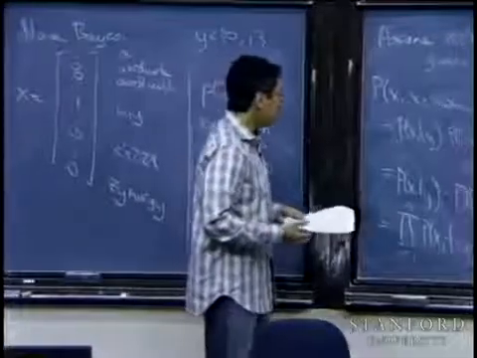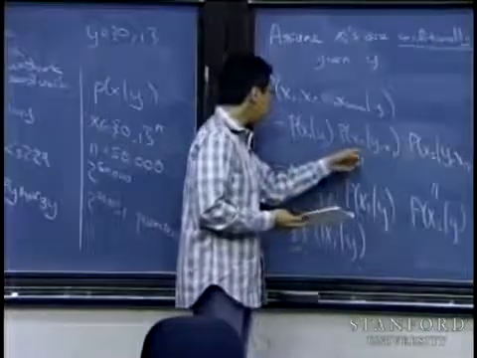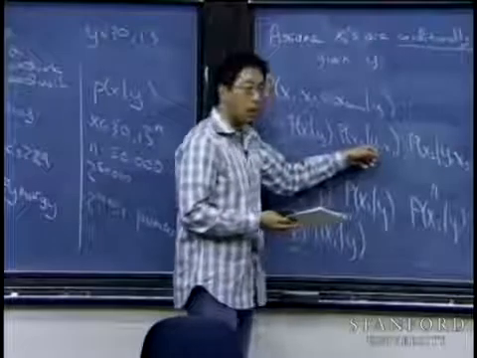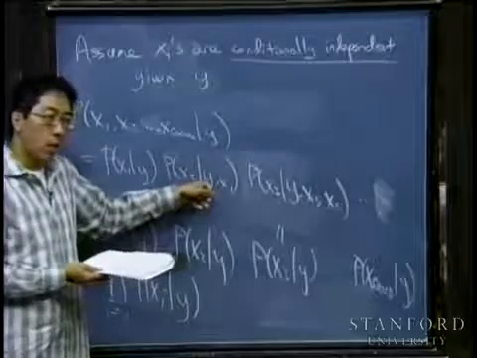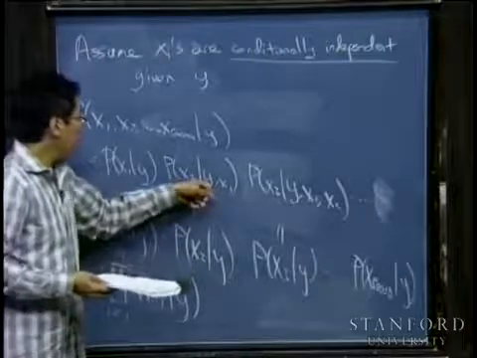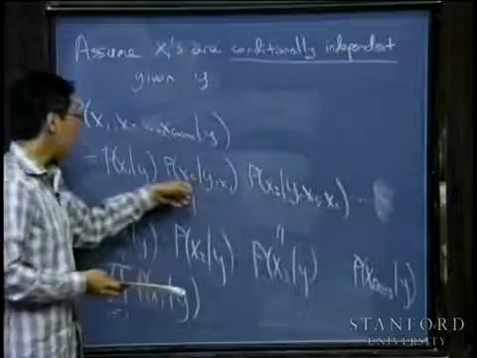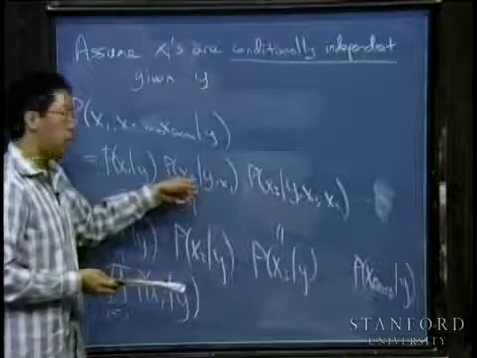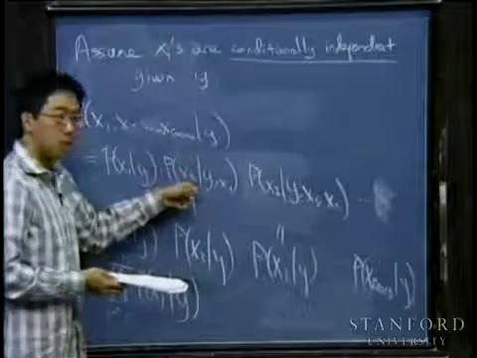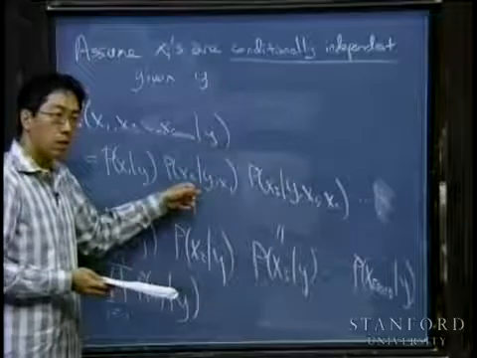And stated informally, what this means is that I'm assuming that so long as you know the class label y, so long as you know whether this is spam or not spam, then knowing whether the word A appears in the email does not affect the probability of whether the word oddwolf appears in the email.